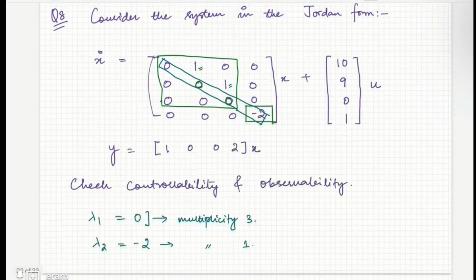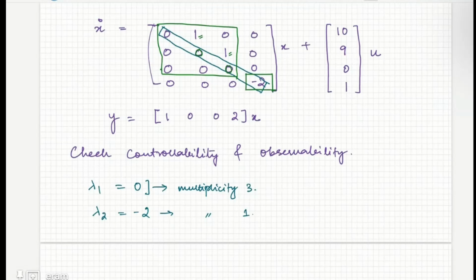Now the theory says that if we have a Jordan block corresponding to an eigenvalue, then for the system to be controllable, the last entry of the control matrix corresponding to each Jordan block should be non-zero.